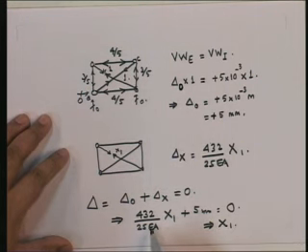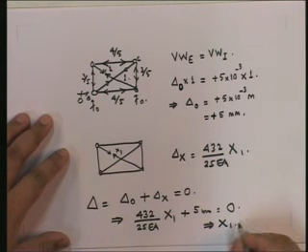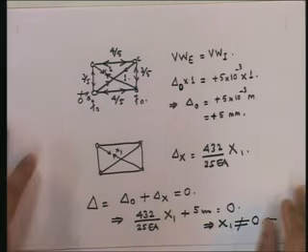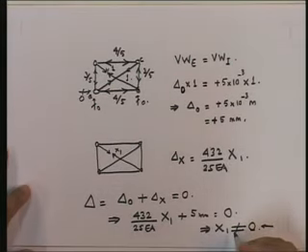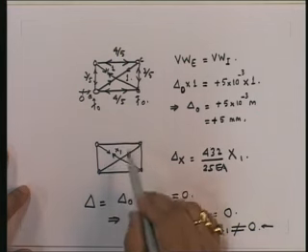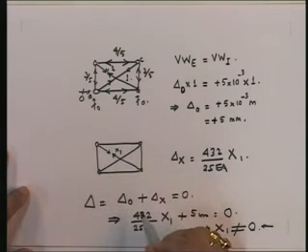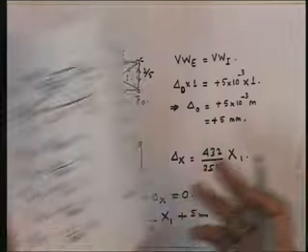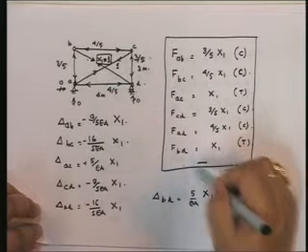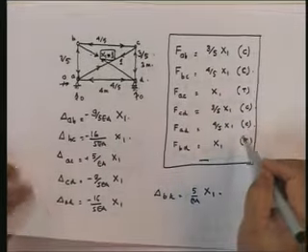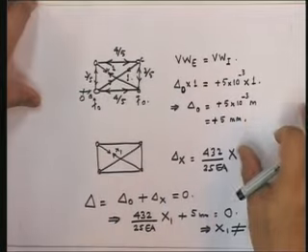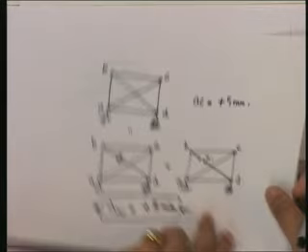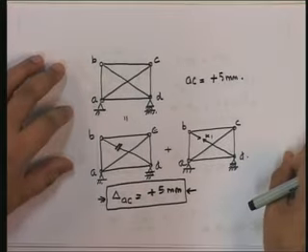Depending on what the value of EA is, I will get it. The main point to note is that x1 is not equal to 0. So do you understand? Once x1 is not equal to 0, all the member forces will depend on x1, because if you look at it, given x1, all the forces in all the members can be found out. So understand this. I had this situation where I didn't have any load.